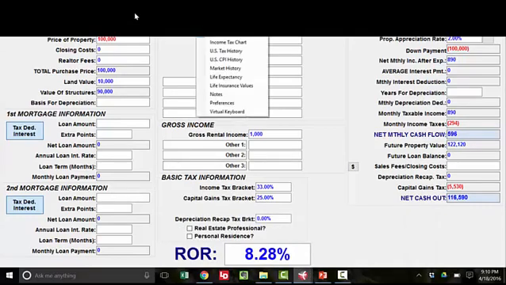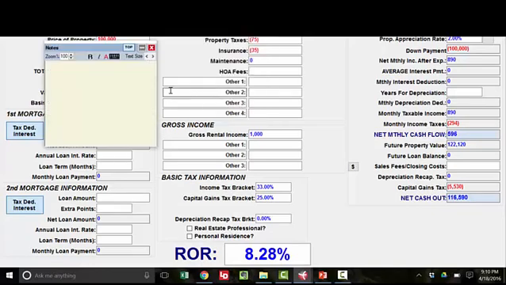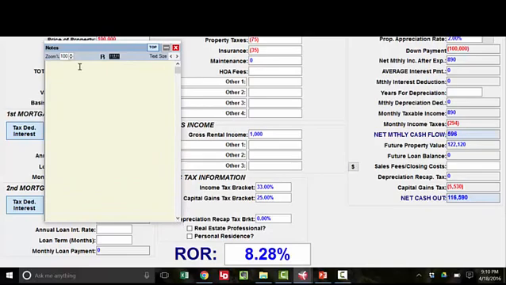We're going to make a note. Let's call this scenario cash.